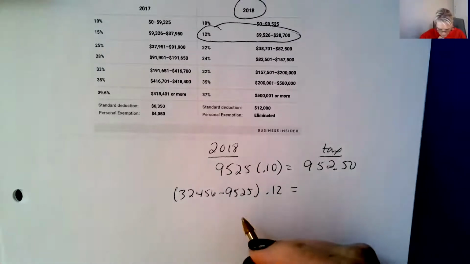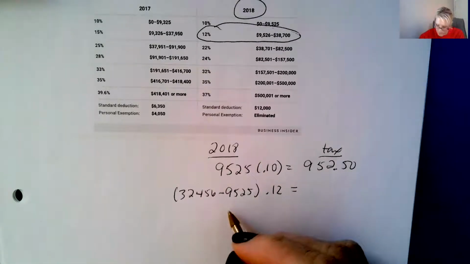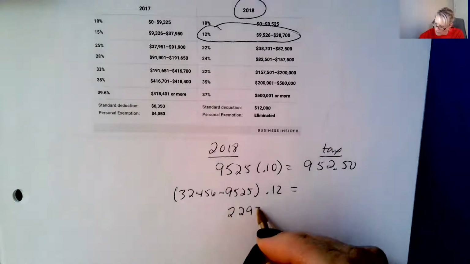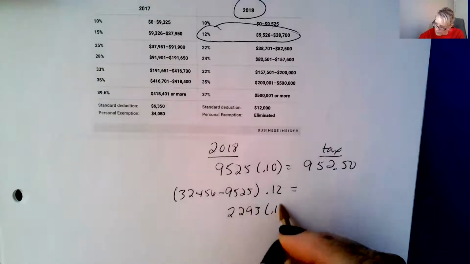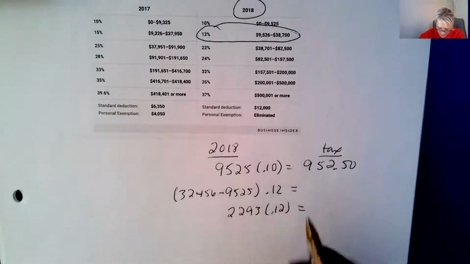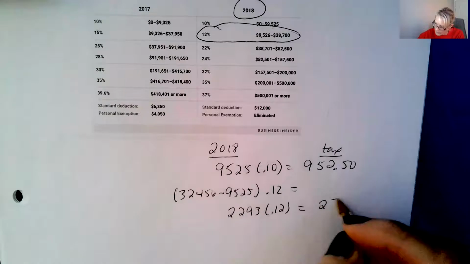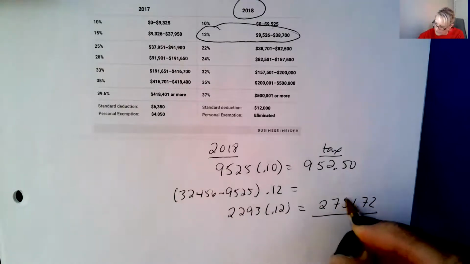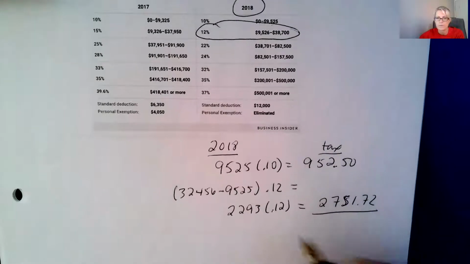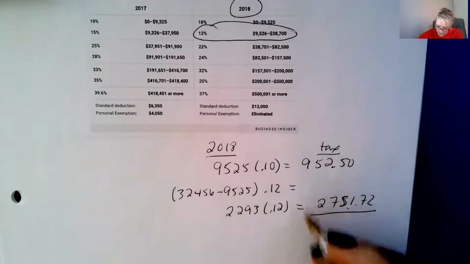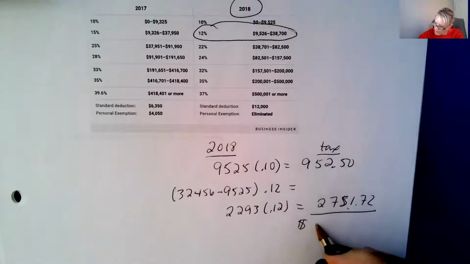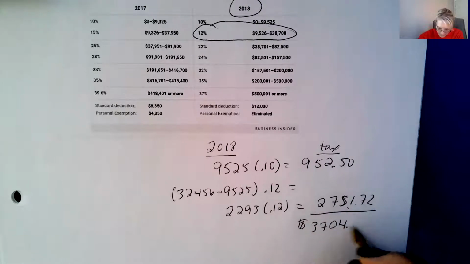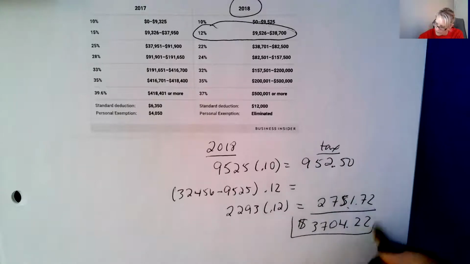So that amount comes out to be $22,931, and we're going to pay 12% on that amount. And so that amount of tax is $2,751.72. So if I add these together, my total federal tax in 2018 would have been $3,704.22.